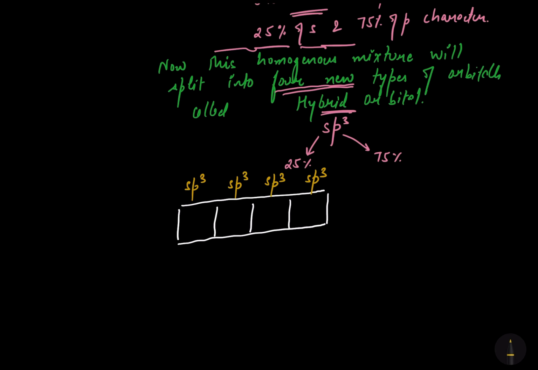That means each orbital is having 25% S character and 75% P character. That's why the name is sp3: 1 s and 3 p, 1 part S and 3 parts P, meaning 25% S character and 75% P character per atomic orbital. So here we got 4 sp3 atomic orbitals.